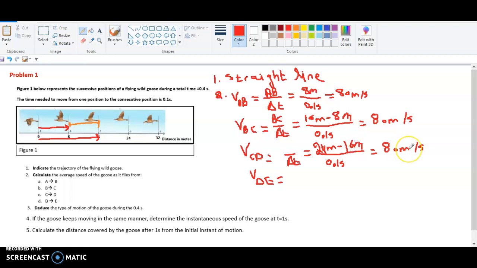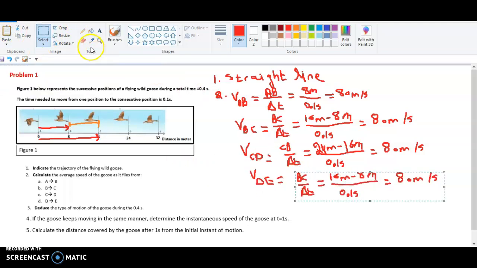Again, we will get 80 meters per second. Similarly for DE, again it is DE over delta T. Now it happens that the distance covered during the same interval of time is the same. That's why we are obtaining equal values for the average speed.